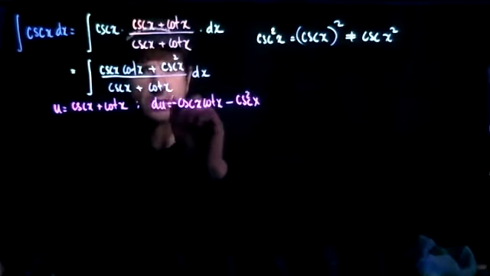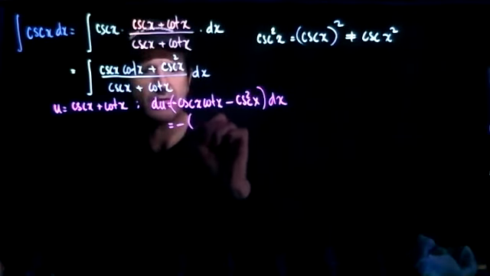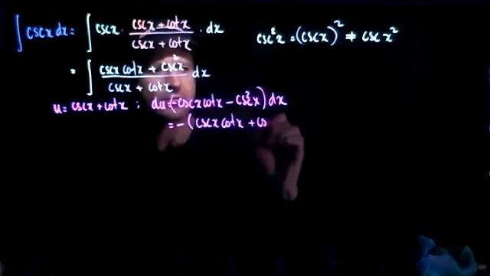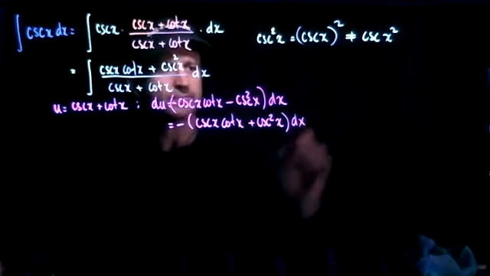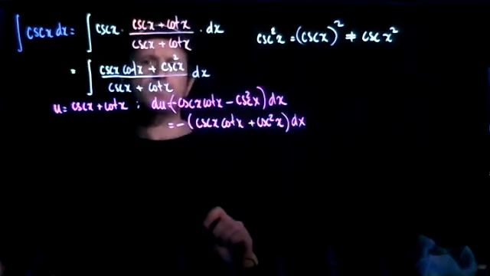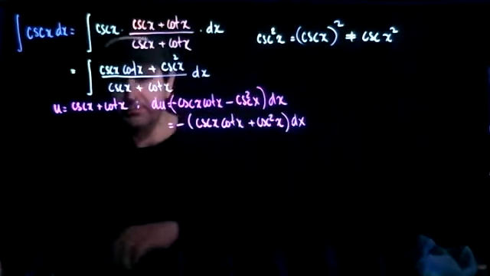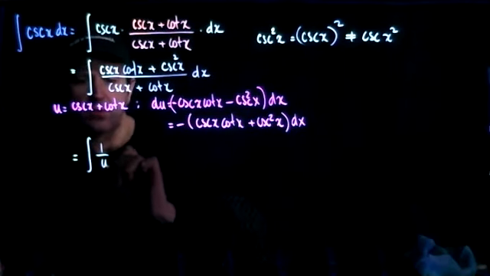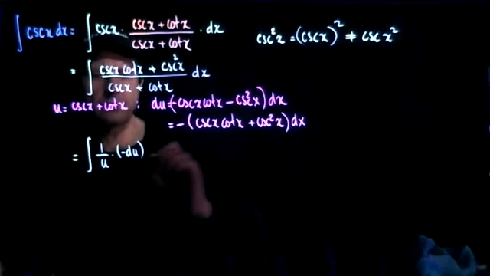So all this dx, and so I have negative cosecant x cotangent x plus cosecant squared x dx. So the numerator now is equal to negative du. 1 over u times negative du.